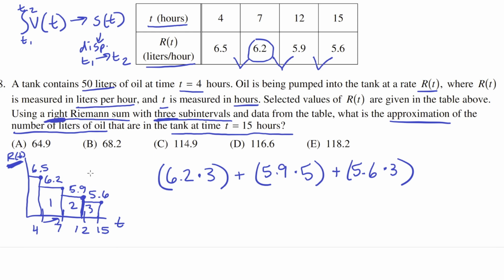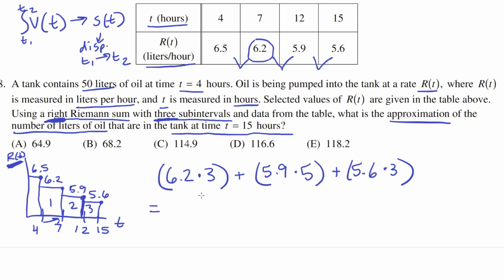If we were using a left Riemann sum, we would use the values at the left side of the rectangles instead. So instead of starting at 6.2, we would have started at a height of 6.5 and then used 6.2 and then 5.9 as the heights. But in this case, they told us to use a right Riemann sum.